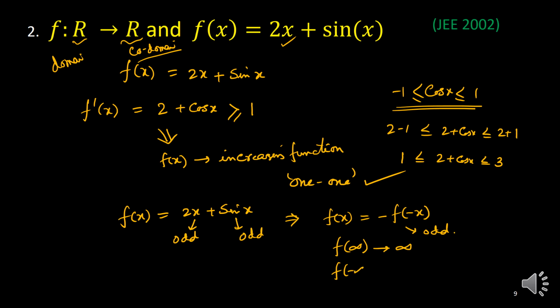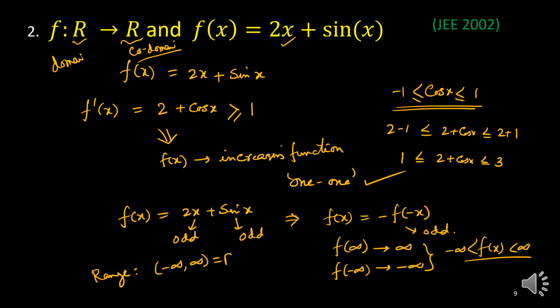Obviously f of x as x goes to minus infinity will approach minus infinity. So f of x will span from minus infinity to plus infinity, thus the range is simply minus infinity to plus infinity, and that is R.